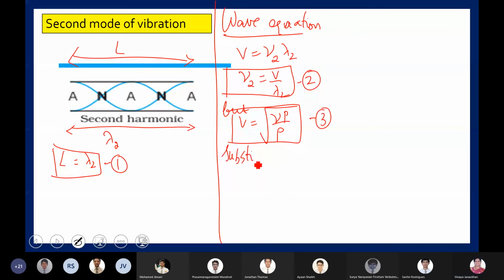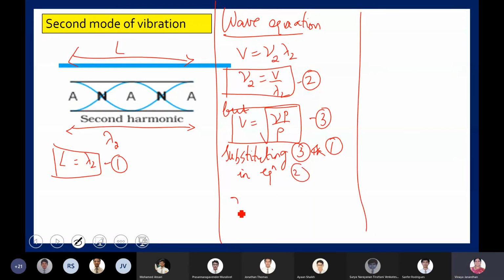Substituting 3 and 1 in equation 2, you will get frequency nu 2 is equal to 1 by L times root of gamma P by rho.